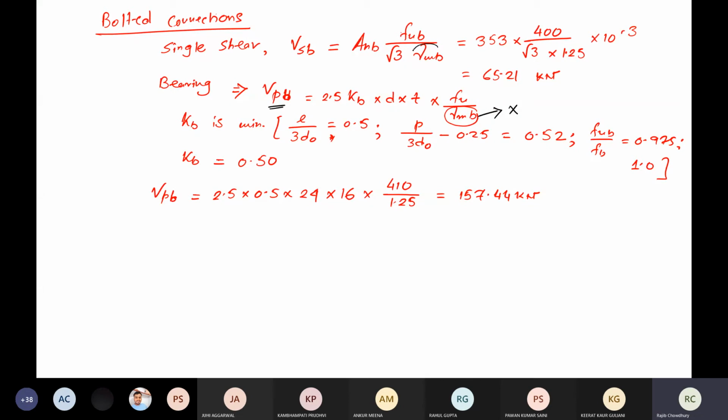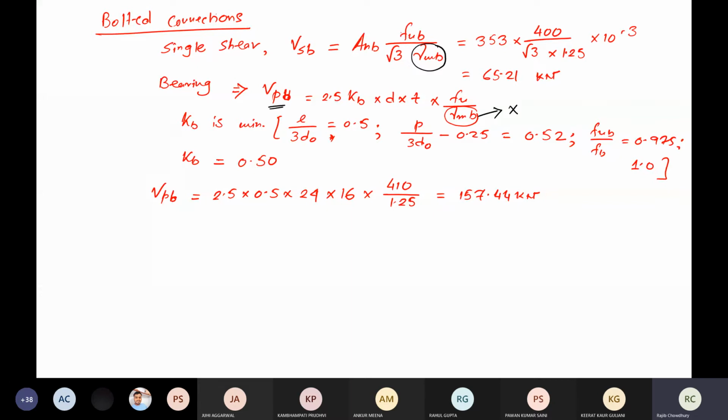If we are not considering the gamma MB here, then it would be the nominal strength. As long as we are providing the gamma M, considering the factor of safety, then it is a design strength. Okay, yes, sir.